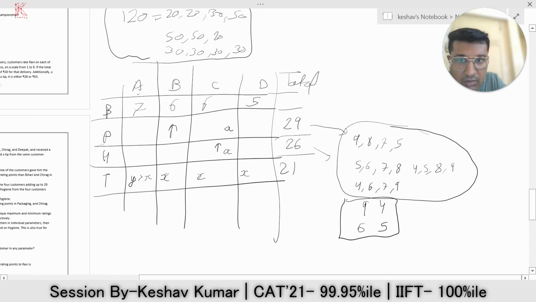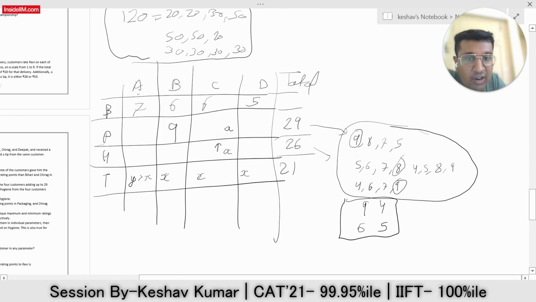Alright. By analyzing these numbers, you can see C has the highest score in hygiene. What can be his highest? Either 9 or 8. And remember that that number is also the same for packaging, and that number should be less than 9, as 9 went to B because he has the highest rating in packaging. 9 went to B and A must be less than 9.